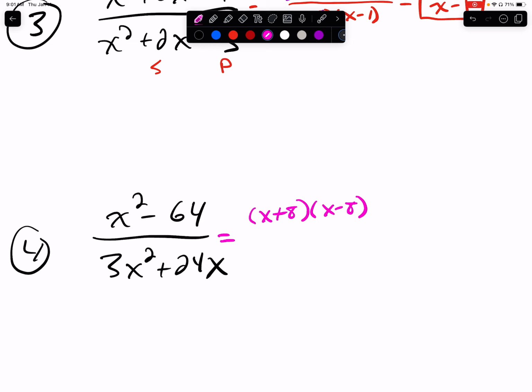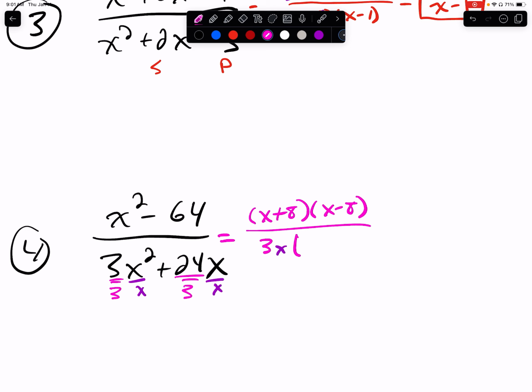Now in the denominator, we're going to use GCF. If I look at the numbers, we're going to divide out a 3, and then also divide out an x, because 1x can come out of both of those values. So make sure you write the 3 and then the x on the outside, just like we're doing GCF, and determine what is left over.